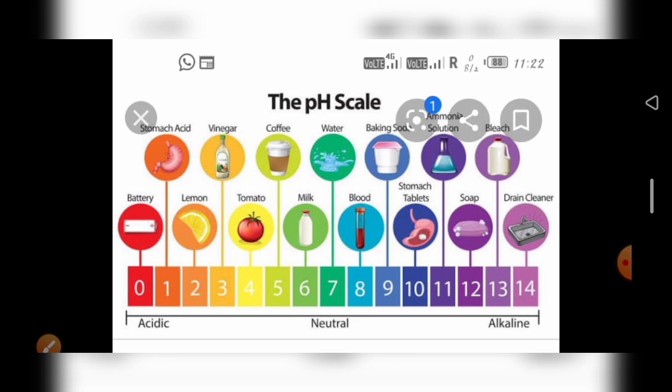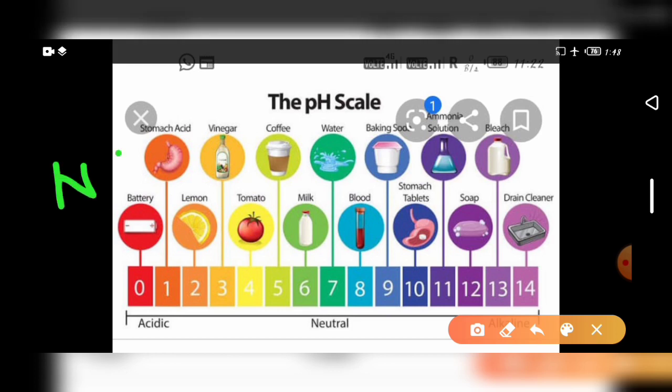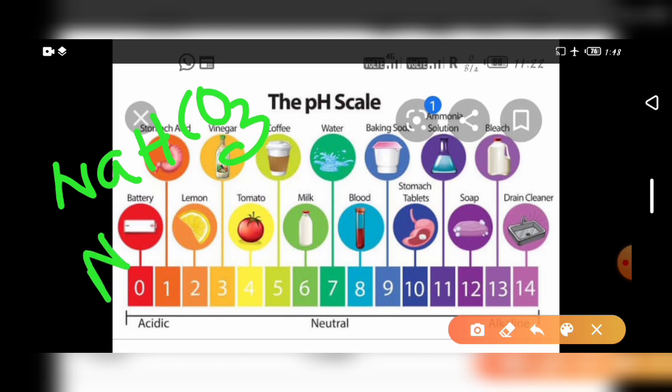In our home we have baking soda. See here, the value 9 is given for baking soda. Baking soda, you know very well, is a basic substance. NaHCO3 is the baking soda formula. Whenever it is dissolved in water, it gives Na plus, H plus, CO2 gas and O2 minus.